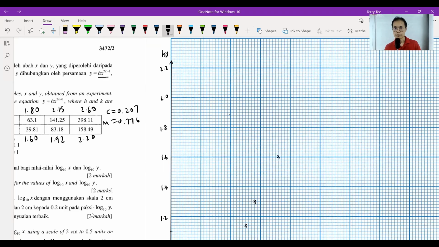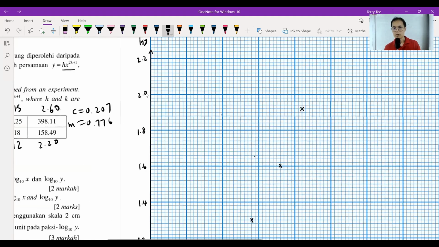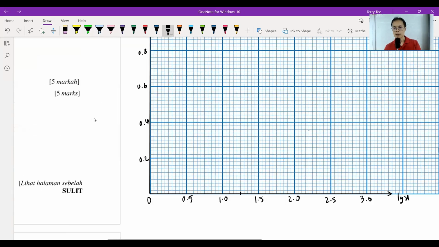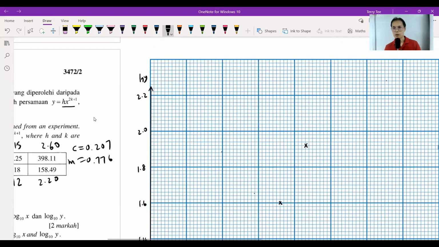Okay, 2.15 should be a little bit to the right, 3 boxes to the right. Next one, 2.6, 2.2. 2.2 should be here.